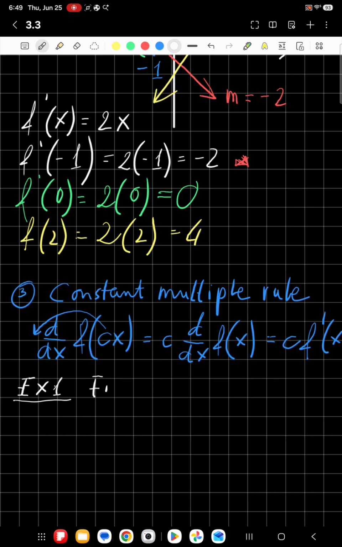Yeah, so find the derivative of y equals 2 over x. So 2 over x.